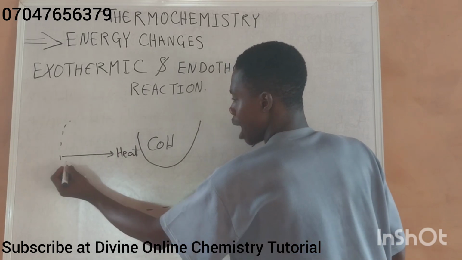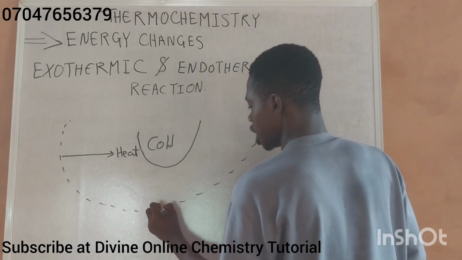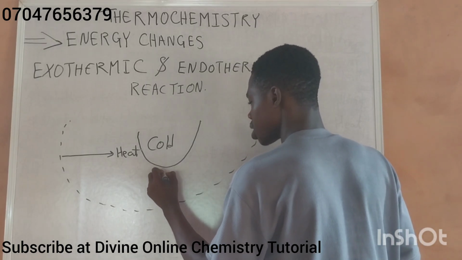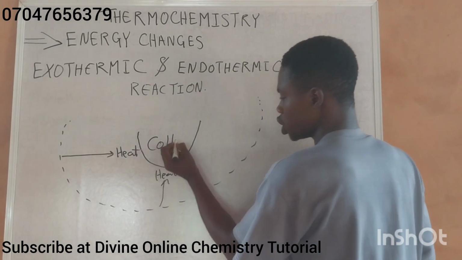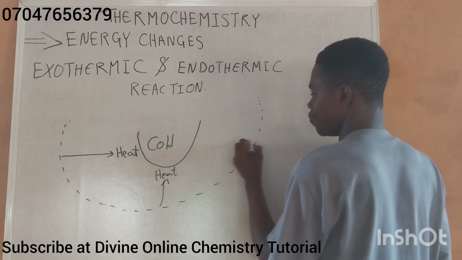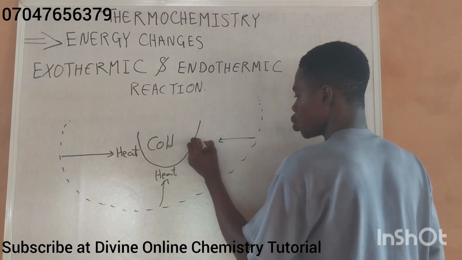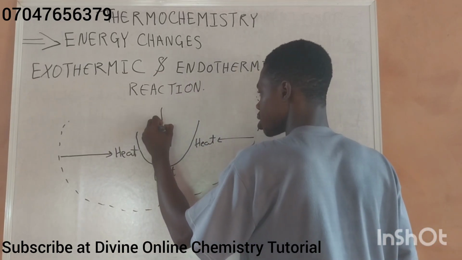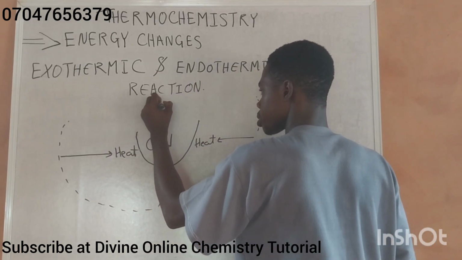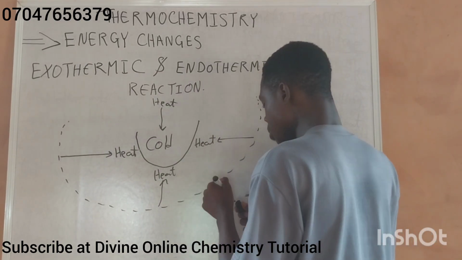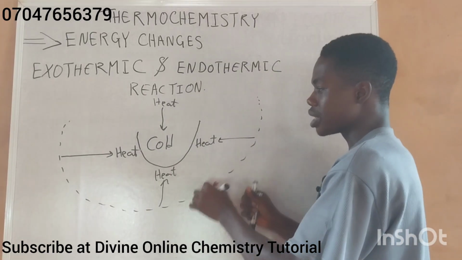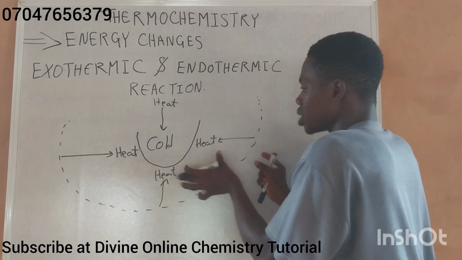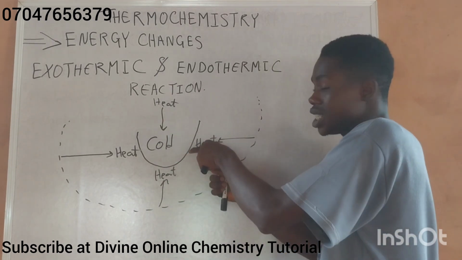You see, heat is absorbed from the surrounding to the vessel, from all parts of the vessel. So you also have heat here, being absorbed from the surrounding into the vessel. So this typically explains endothermic reaction, whereby heat is being absorbed from the surrounding into the vessel.